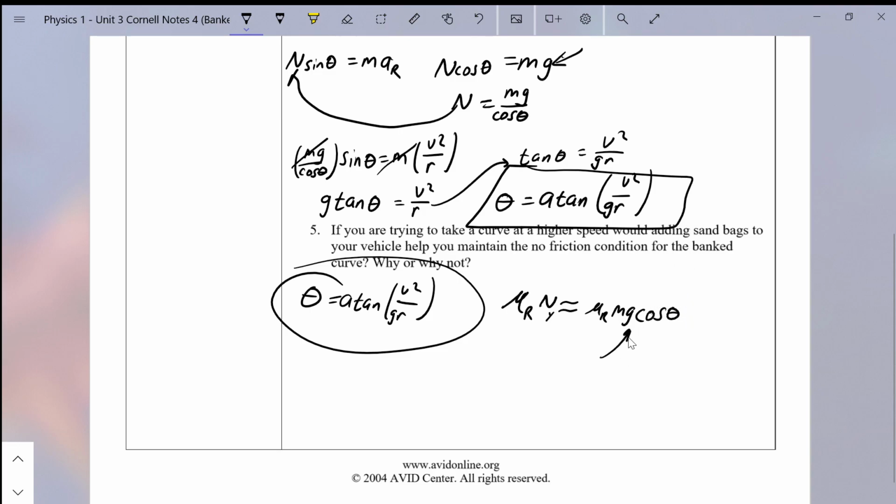So here, if we have friction, then the mass term does appear, but the thing is that it's going to be appearing as a part of a sum, right? And that sum is going to say something like mass times v squared over r plus mu sub r m g cos theta plus our normal force.